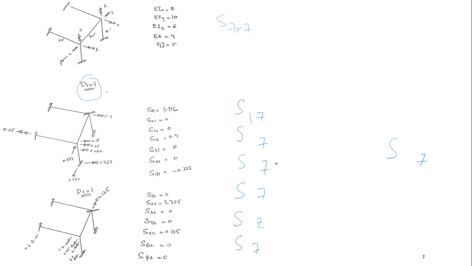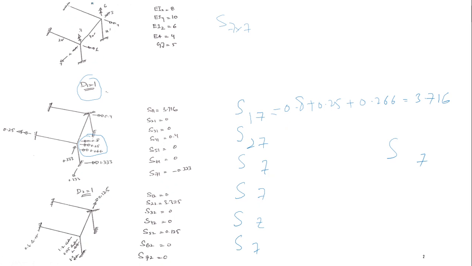It would be 1. 1 means corresponding to this, and corresponding to this I have these things. So S17 would be equal to 0.8, 0.25, 0.266. It comes out to be 3.716. Very simple.